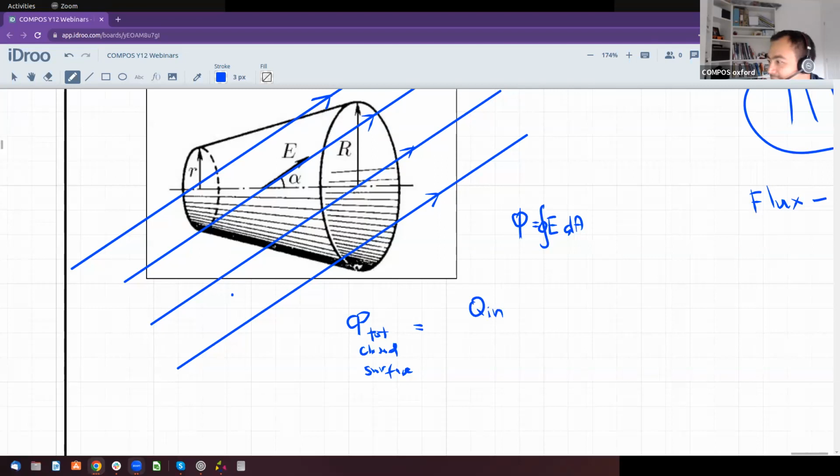Okay, that's easy. So it's the charge located inside the surface divided by epsilon naught.